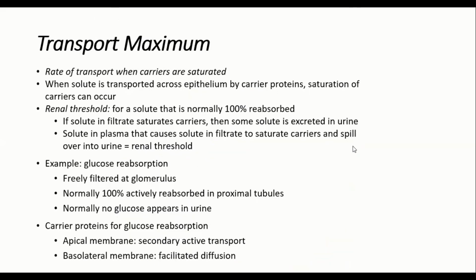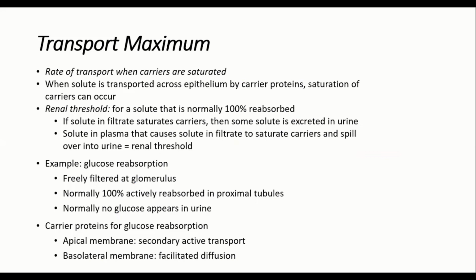Okay. We're going to look in a second at specifically glucose, because it's not just salt and water that are being transported. But one of the important things to think about as we start to think about glucose is this idea of a transport maximum. So the solutes and other molecules being reabsorbed are controlled by these carrier proteins, or transport proteins, right?